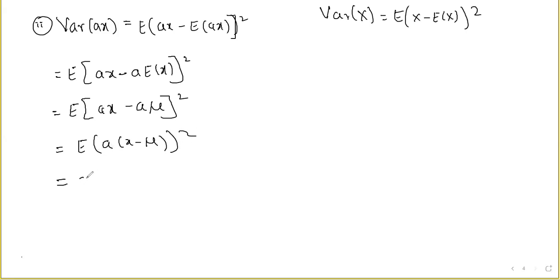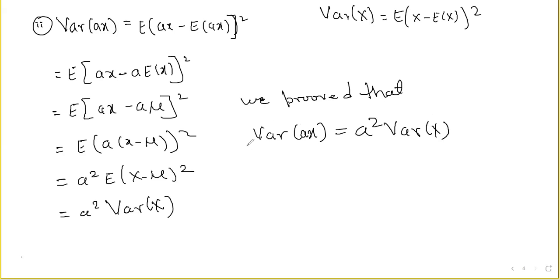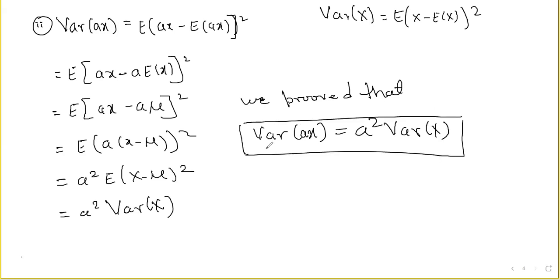When we take the constant outside, it will be a square into expected value of x minus mu whole square. This is nothing but a square into variance of x, right? So we proved that variance of ax is always equal to a square into variance of x, where a and b are any constants. So this is the second proof.